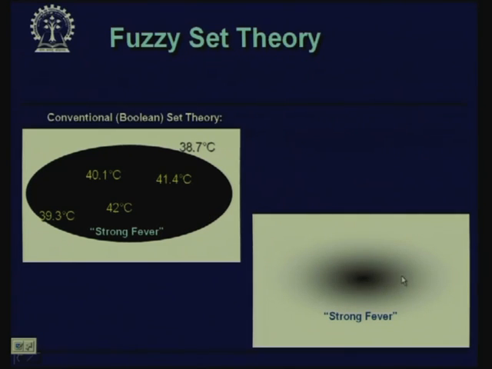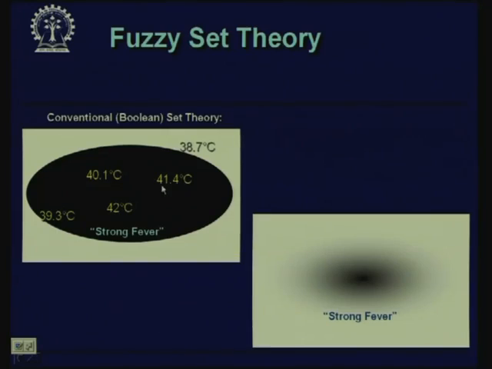On the other hand, here in this diagram you see that the boundary is not very crisp, it is gradually fading out. So, at the core it is certainly strong fever, and as I go out it is becoming gradually faded, and so it is becoming less and less of an element of strong fever.